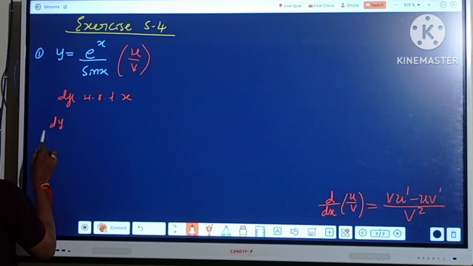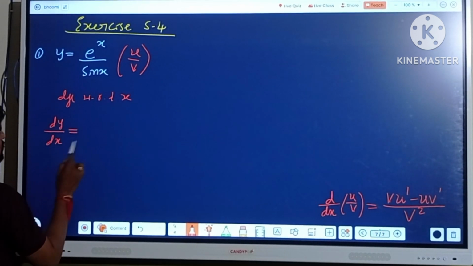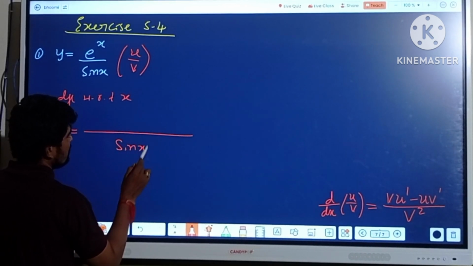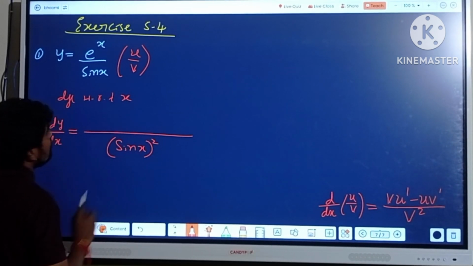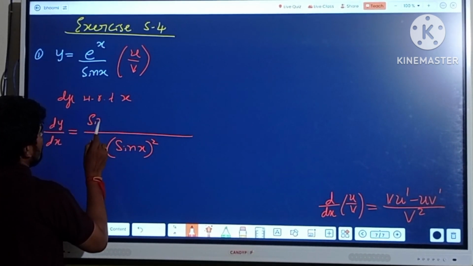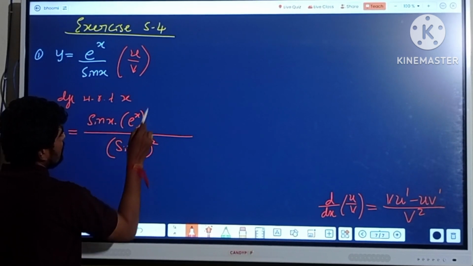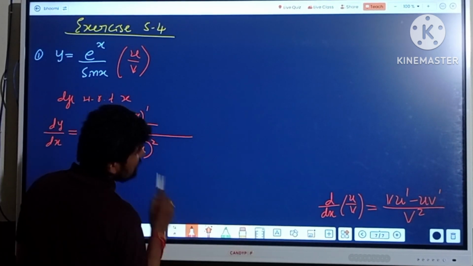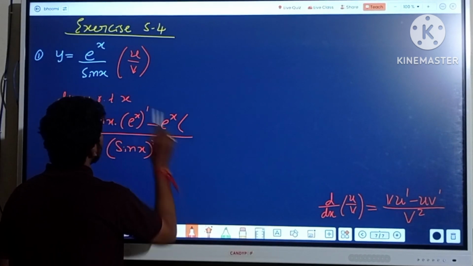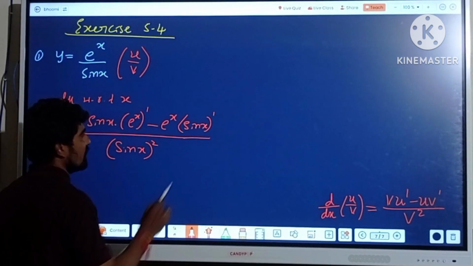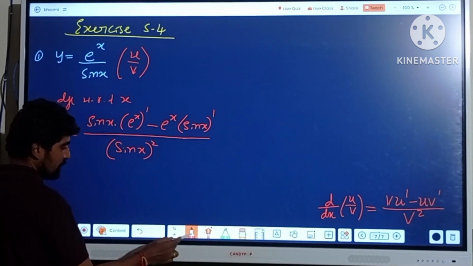Therefore dy by dx is equal to, divided by v square, means sin x square. So v as it is, sin x as it is, into derivative of e power x, minus u as it is, e power x as it is, into derivative of v, which is derivative of sin x. I hope all of you are understanding.